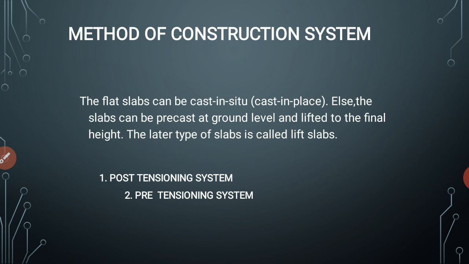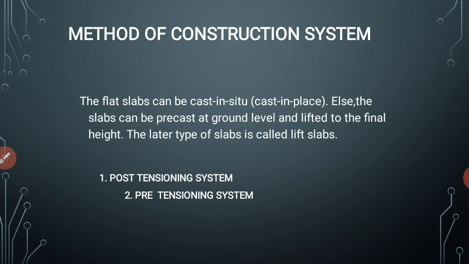So, method of construction system. We have seen the types of slabs, the advantages and the basic requirement of the flat slab. Now we will go for the method of construction system. Flat slab can be cast in situ, or cast in place. Otherwise the slab can be precast at ground level and lifted to its final height. The latter type of slab is called lift slab, because we have to lift the slab and place it at the proper location.